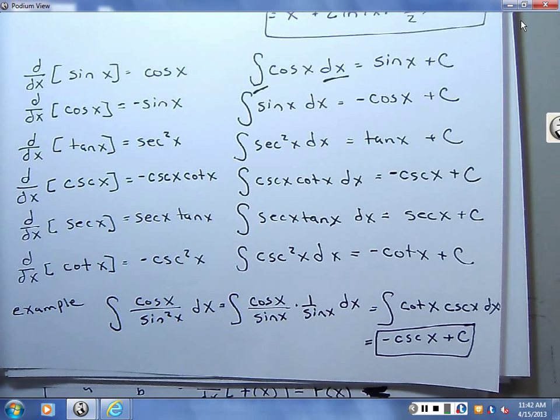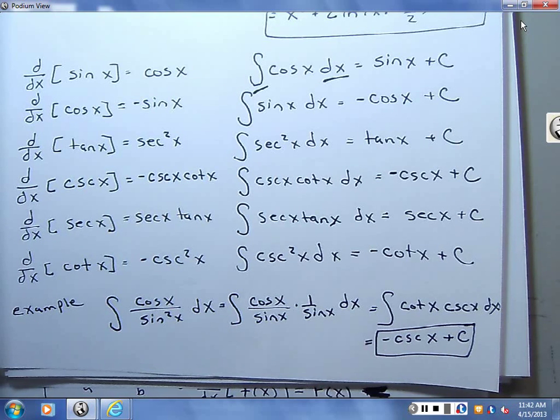In Calc 1, you cannot integrate cosecant. It's a Calc 2 problem. Cosecant, cotangent, tangent, and secant are all integration problems you do in Calc 2. So at this point, you can integrate these types of problems, and then tomorrow we'll learn how to integrate powers of sine and cosine questions.